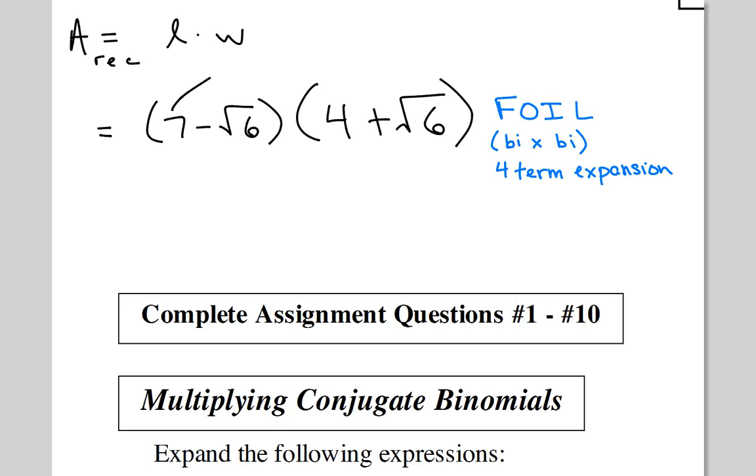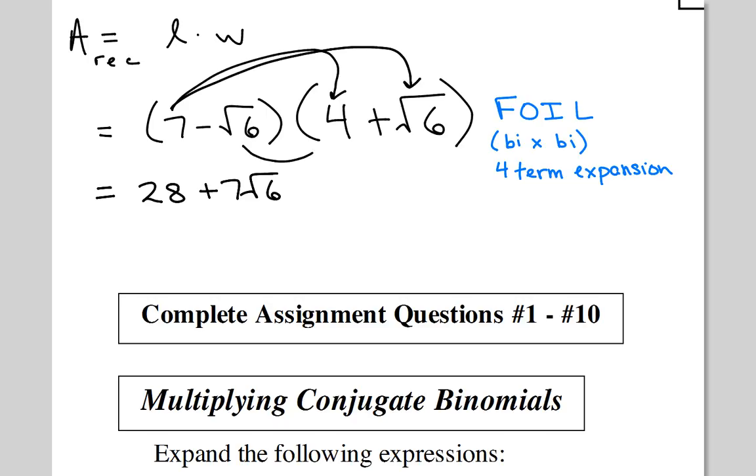So come with me. We got 7 times 4 being 28. And then 7 goes and scales this one as well. You got 7 root 6. So that's the first distribution. And 2 terms came out. Now we're going to hop into the second number and do another distribution and get another 2 terms. So in there, there's a composite 4 and a negative 1, so negative 4.